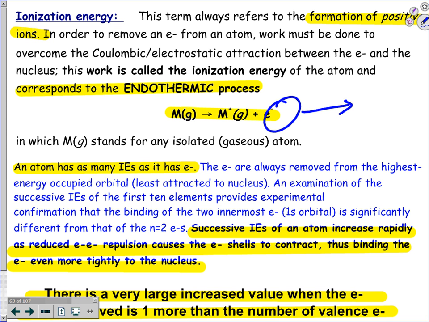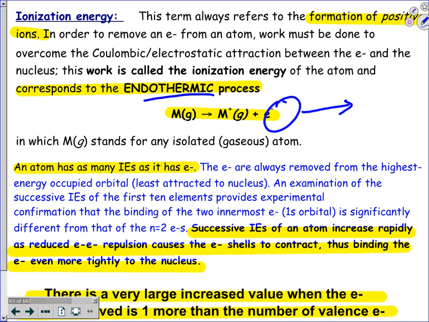So these are always, with an asterisk because sometimes they're not, usually endothermic, because to take an electron away we have to put energy in, because who's attracting that electron? The nucleus, right? So to overcome that attraction, we have to put energy in. So it's definitely endothermic. And we always talk about isolated gaseous atoms, just because we don't work with molecules a lot in terms of singular electron removal.